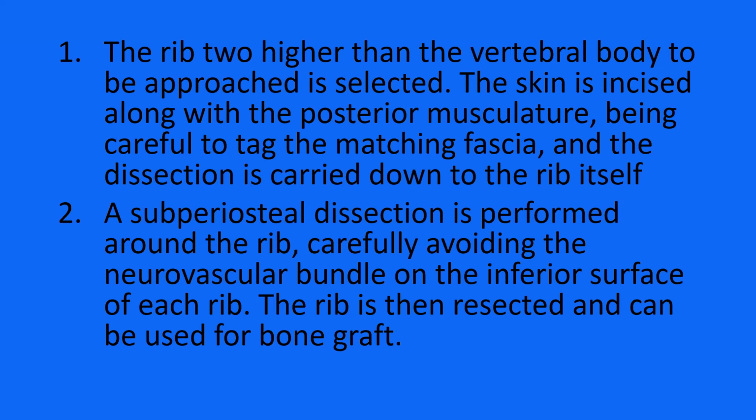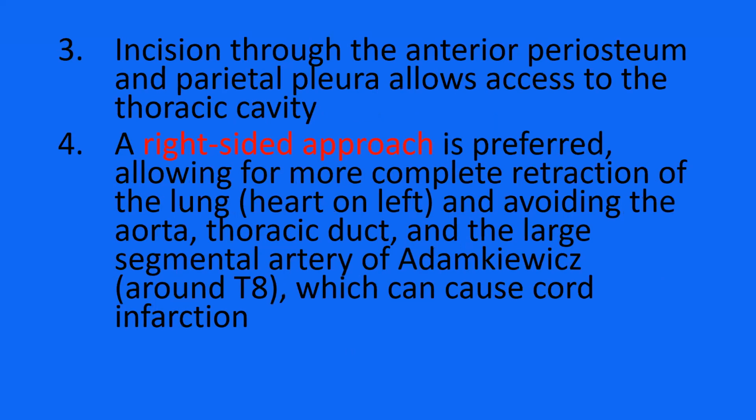A subperiosteal dissection is performed around the rib, carefully avoiding the neurovascular bundle on the inferior surface of each rib. The rib is then resected and can be used for bone graft. Incisions through the anterior periosteum and parietal pleura allow access to the thoracic cavity.